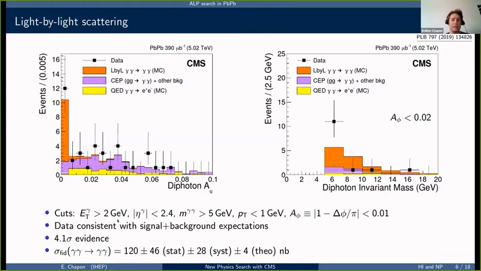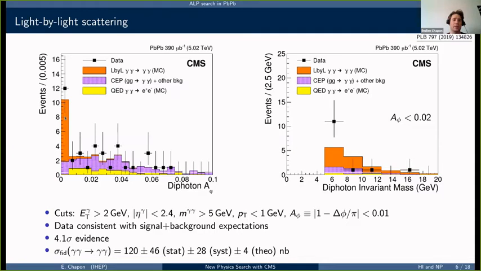Data are consistent with signal plus background expectations, and we achieve about 4 sigma evidence using this data. The measured cross-section is written here within the fiducial cuts, which are the ones mentioned on the slide. Acoplanarity is on the left. We see that the signal is concentrated at zero, which corresponds to back-to-back photons.